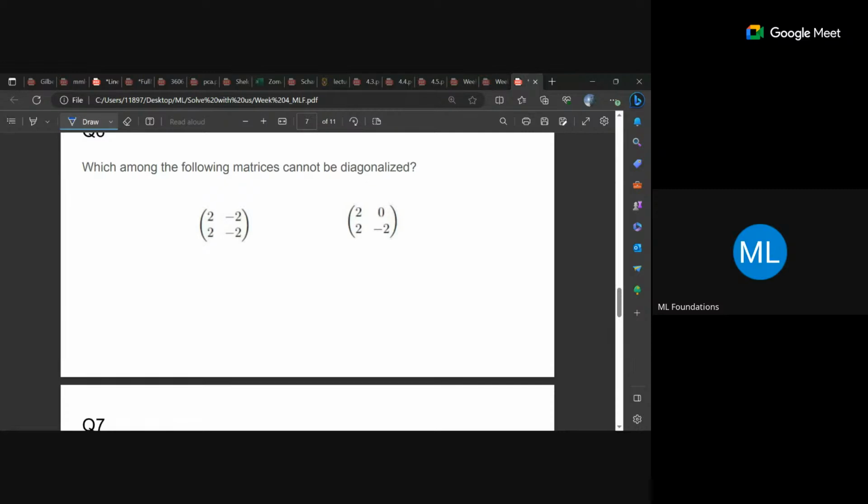Yeah, the very first example that we saw, in this case also we are getting lambda to be 0, 0. I mean, you have the same eigenvalue.